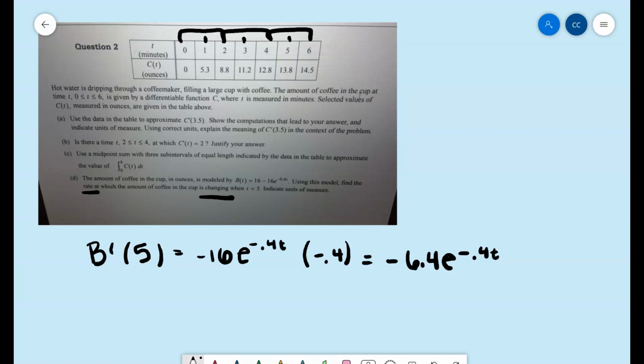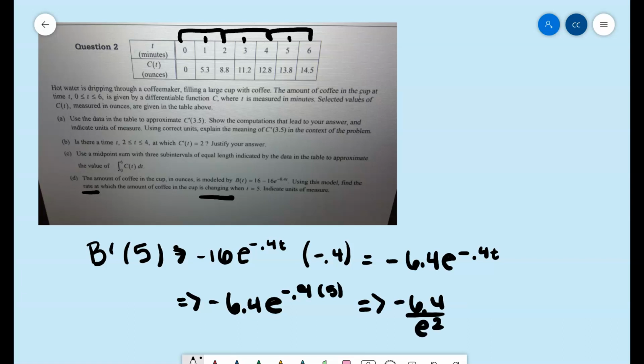And then we would just plug in 5. So you get negative 6.4 e to the negative 0.4 times 5, which becomes negative 6.4 over e squared. And this would be, indicating units of measure, ounces per minute.